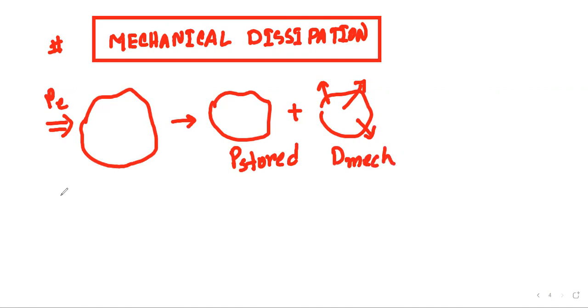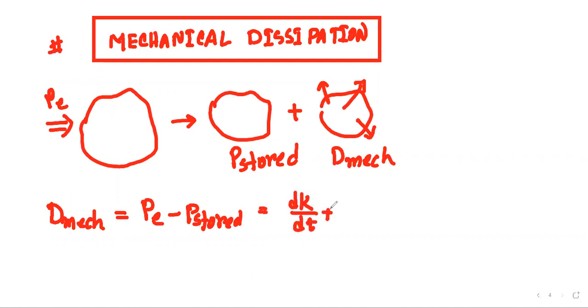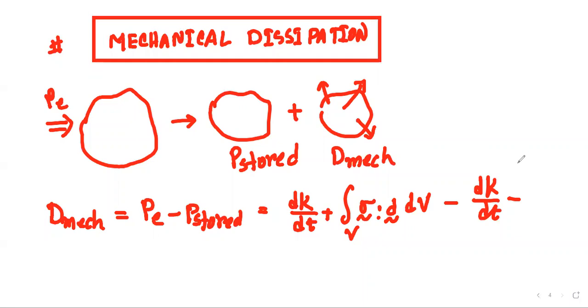We denote it by D, and mech stands for mechanical: D_mech is P_E minus P_stored. So my P_E is dK/dt plus sigma contracted with D, the symmetric part of the velocity gradient, minus P_stored. P_stored is dK/dt plus the integration of rho psi dot dV.